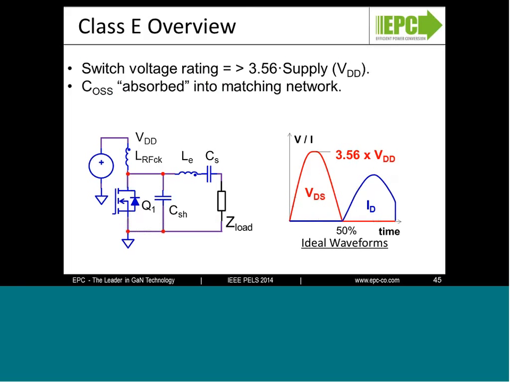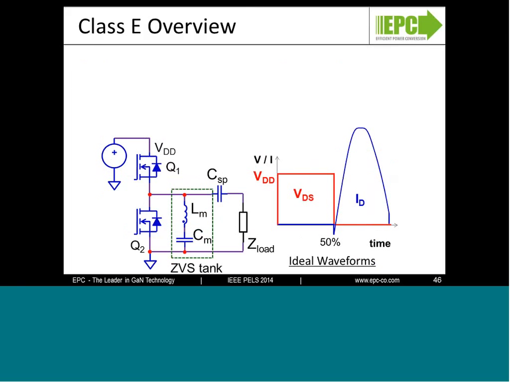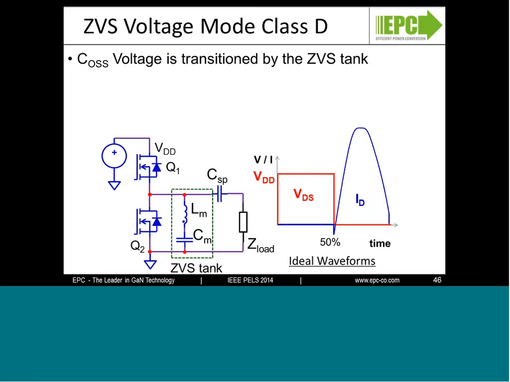Another topology, and one that we think there's a lot of promise in this type of wireless power transmission area, is a zero voltage switching mode Class D. Zero voltage switching Class D uses a more traditional soft switching technique, and it achieves zero VDS by using a zero voltage switching tank, and that'll transition the output voltage of the device similar to the resonant bus converter as shown.